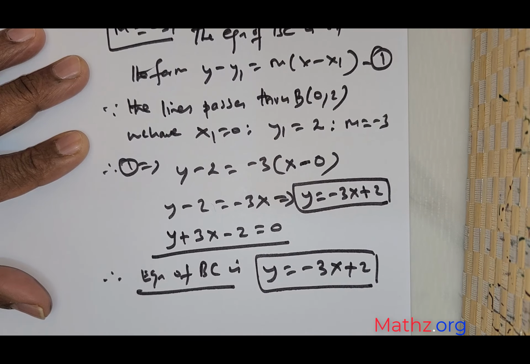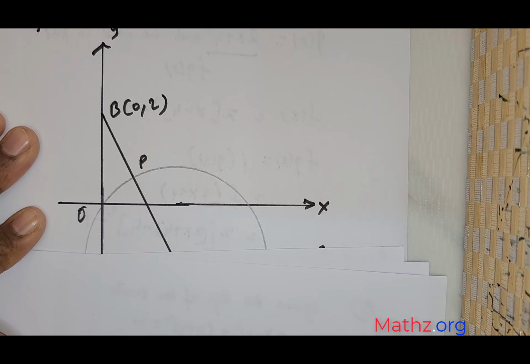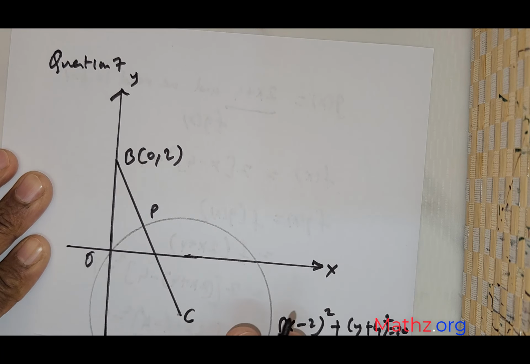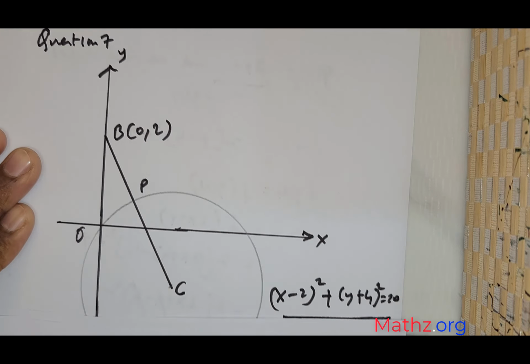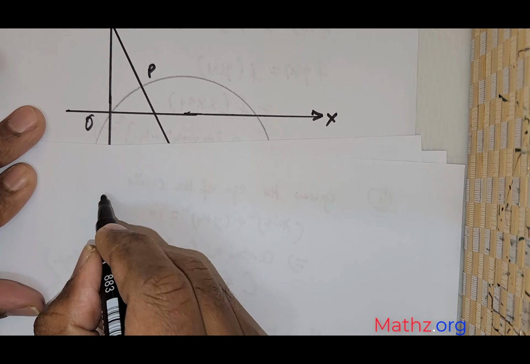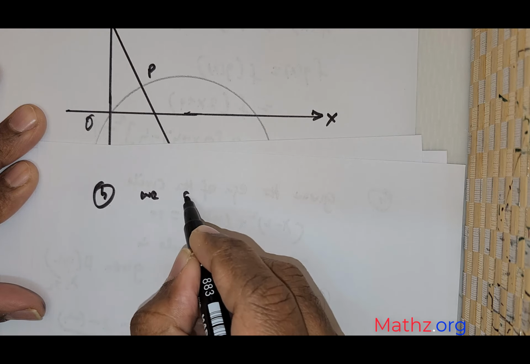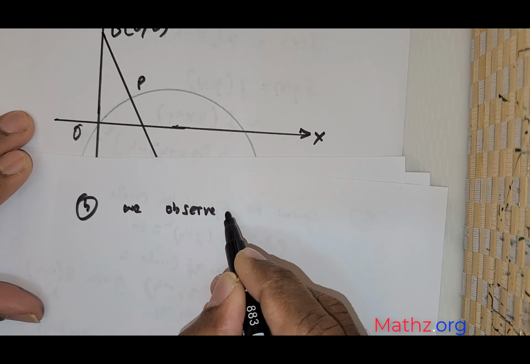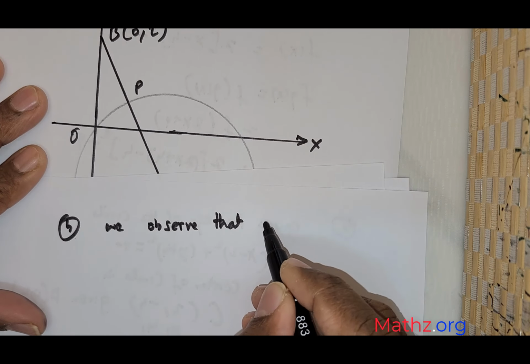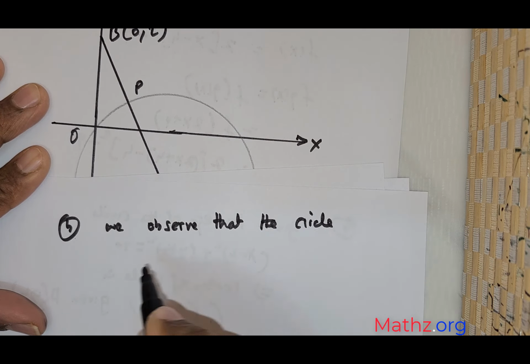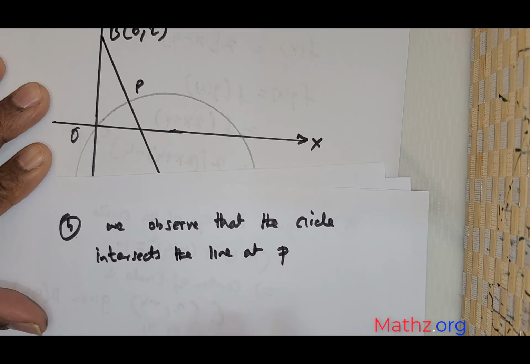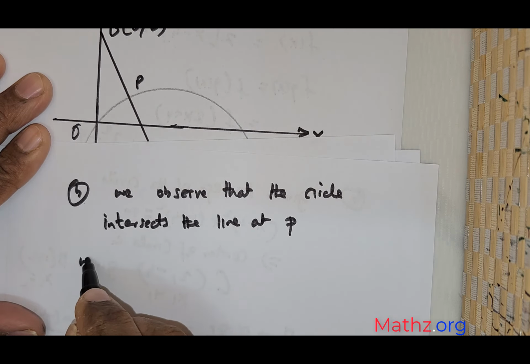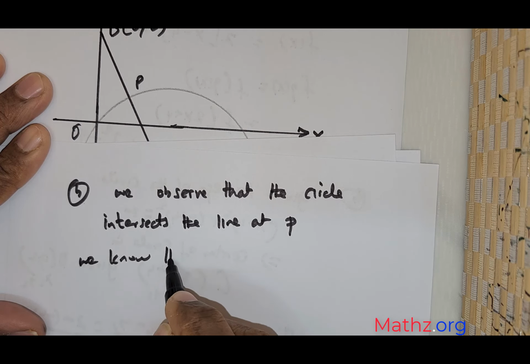Now we move on to the next part. For the next part, we are asked to find the coordinate of P. Now P is a point where the circle is intersecting the line. So let me state that. We observe that the circle intersects the line at P. We know the equation of the circle.